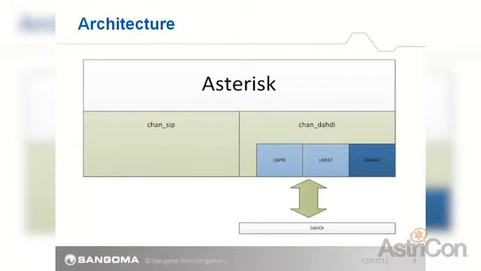So the way LibWAT sits within Asterisk is, if you're familiar, Asterisk has multiple channel drivers to handle the different technologies. So there's chan_sip to handle SIP, chan_iax to handle IAX, and then there's chan_dahdi to handle DAHDI interface cards. Inside chan_dahdi, the same way there's libPRI and libSS7, LibWAT fits the same way.